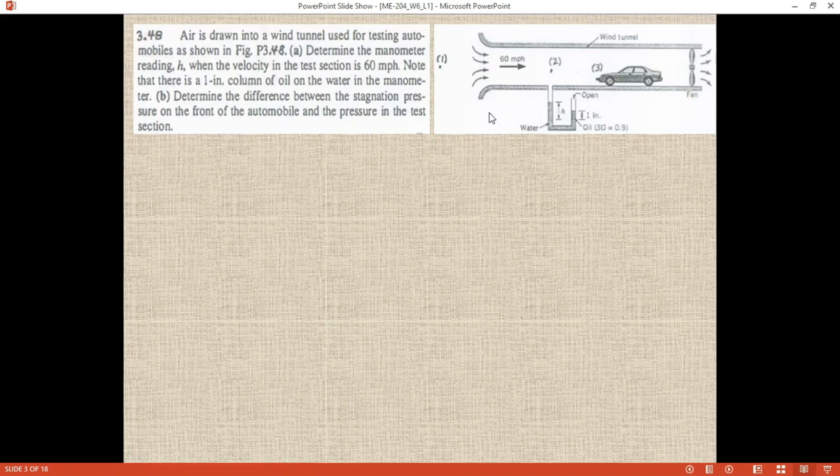First of all, we have to find out this height h. To find this height h, we should know the pressure P2. To find the pressure P2, we apply the Bernoulli equation between point 1 and point 2. To apply the Bernoulli equation, we should know the boundary conditions at point 1 and point 2. Point 1 is the atmospheric condition. In the atmospheric condition, the gauge pressure is 0, because gauge pressure is measured with reference to the atmospheric line.